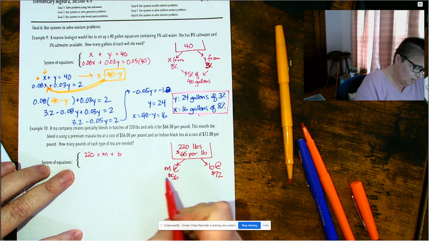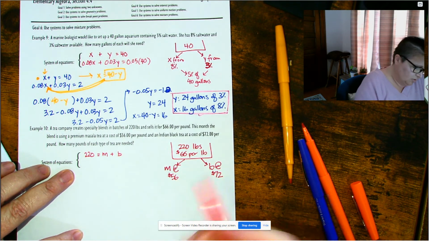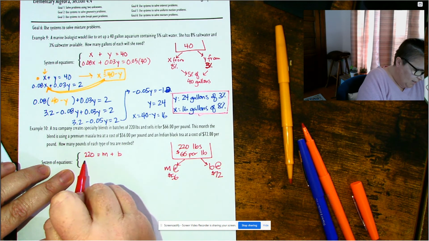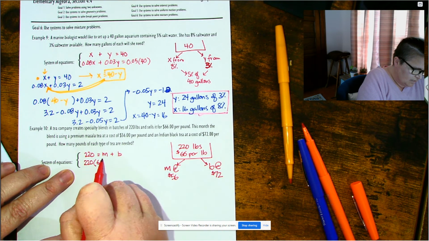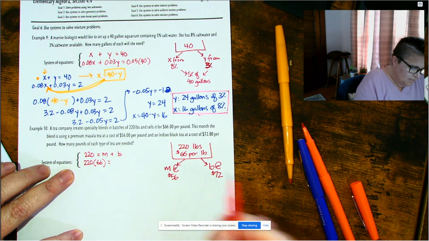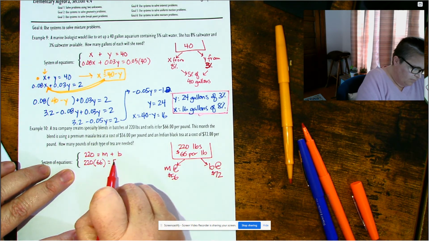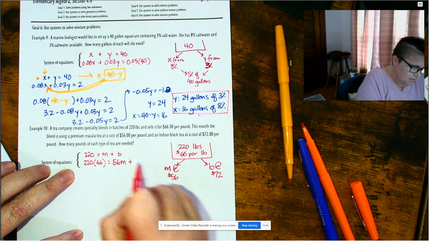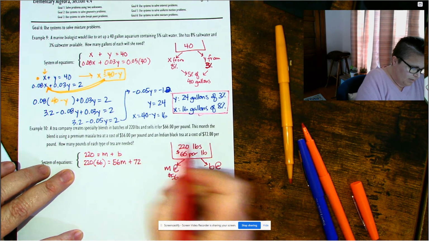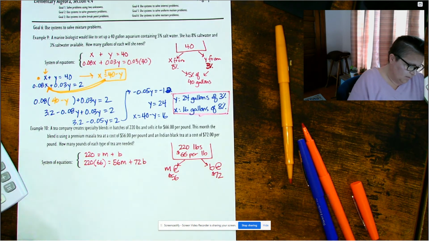My second equation is about the money or the mixture itself. If I have 220 pounds at $66 a pound, that is equal to some blend of the $56 a pound masala and the $72 a pound Indian black tea.